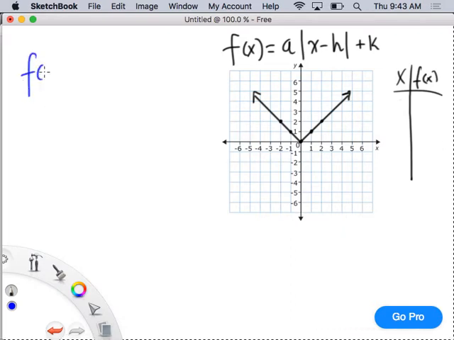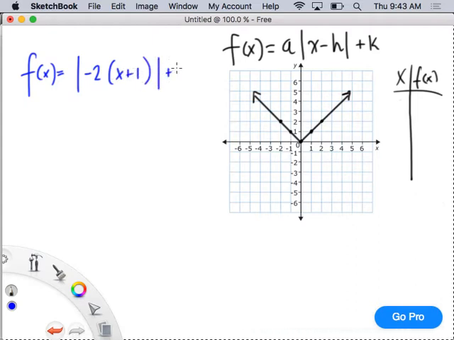What if I have f of x equals the absolute value of negative 2 times x plus 1, plus 2? Well, wait a second. Can I just pull that negative 2 out? What does the absolute value do to a negative number?